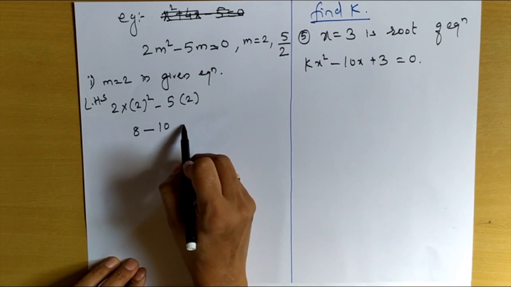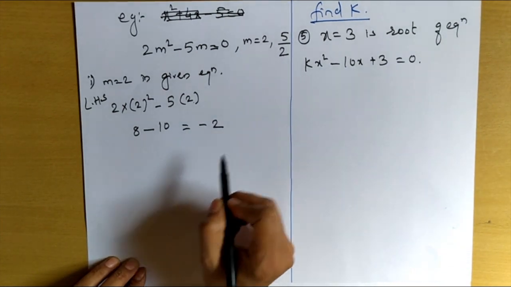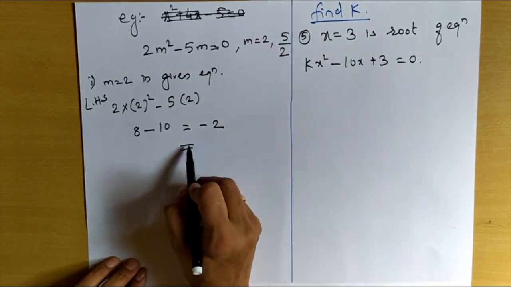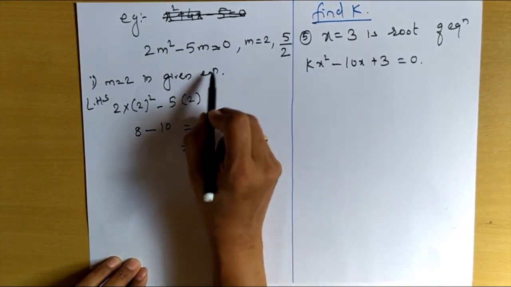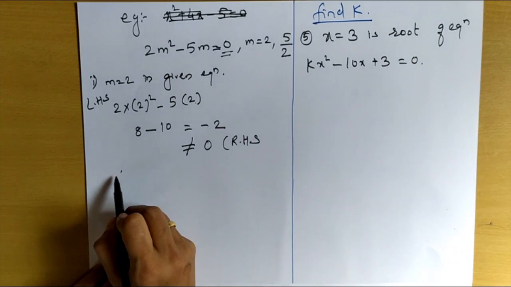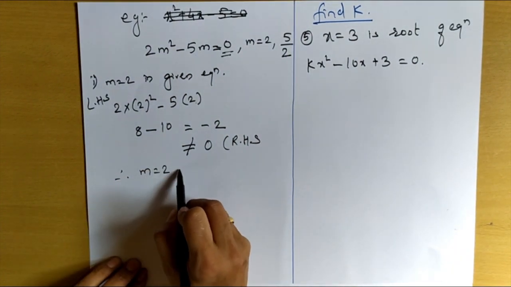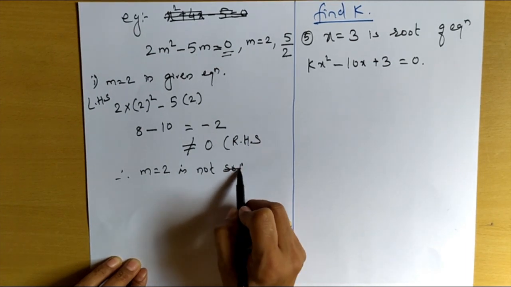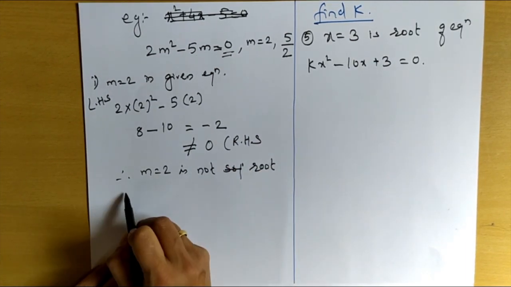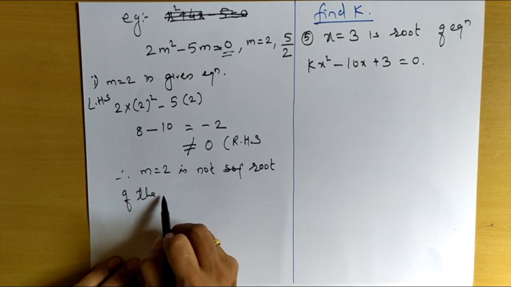So 8 minus 10 we get equal to minus 2. Now this minus 2 is not equal to 0, which is the RHS of the given equation. Therefore, m is equal to 2 is not a root of the given quadratic equation.